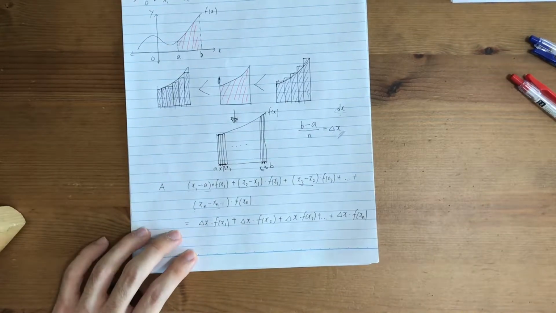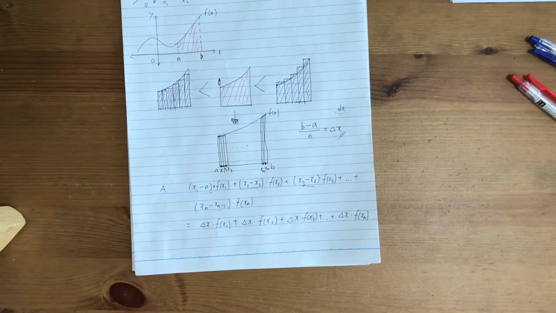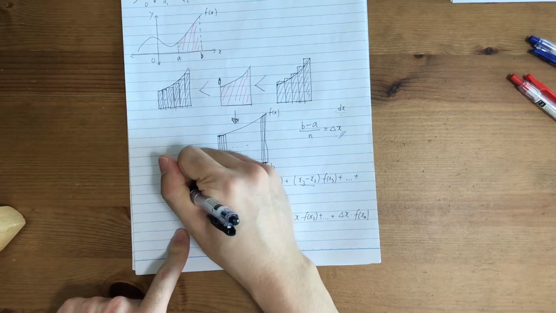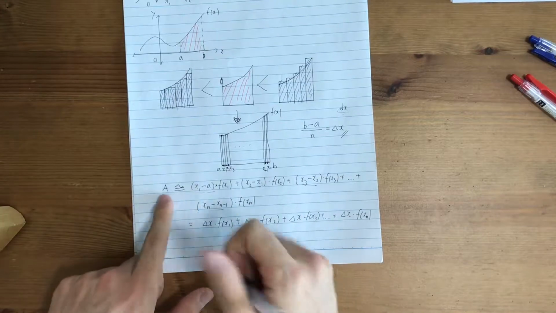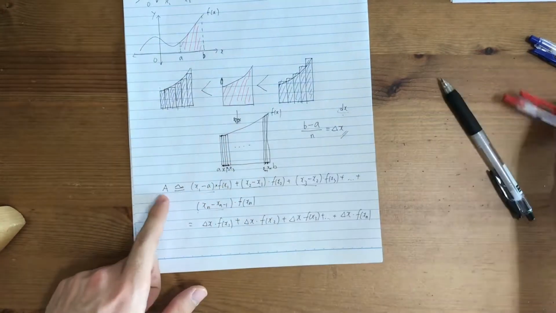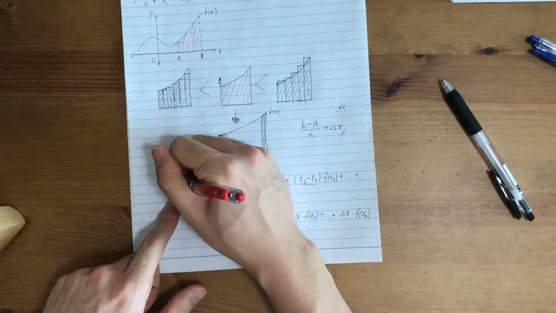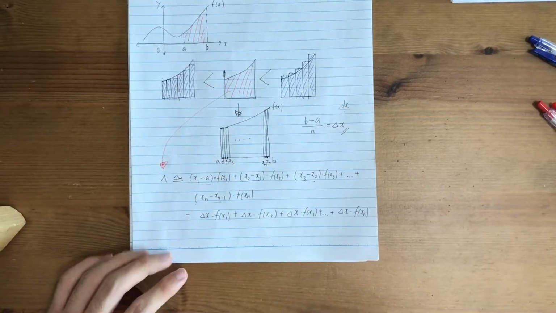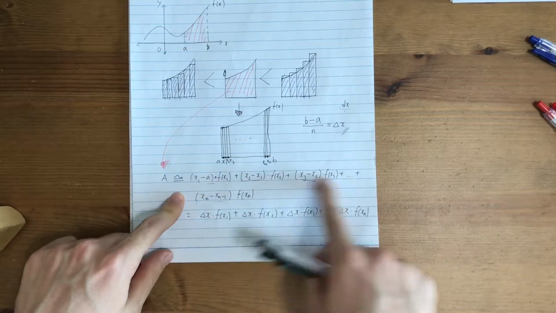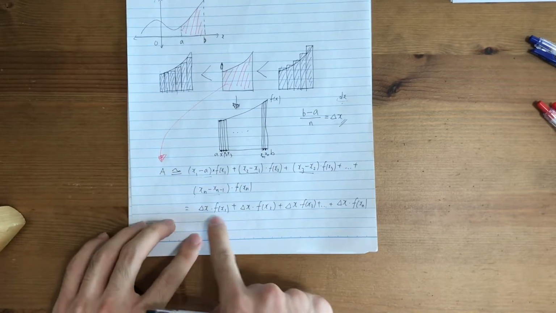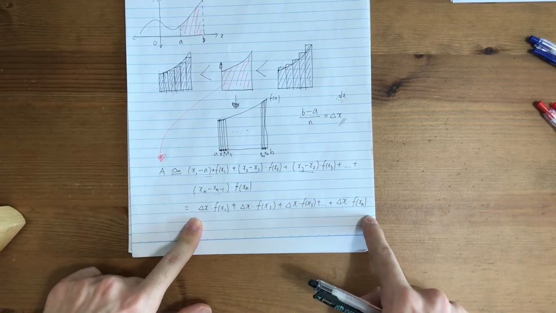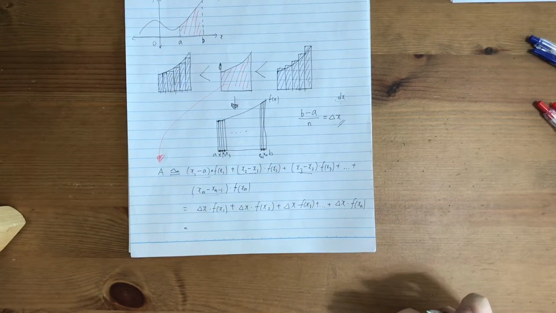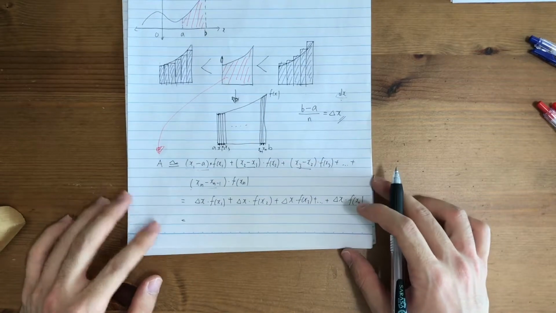So this is what we have for the area. And please note that this is still the approximation of the area, not the exact value we want to look for. And still there are too many terms. So let's try to reduce terms using some mathematical notation that we've learned.